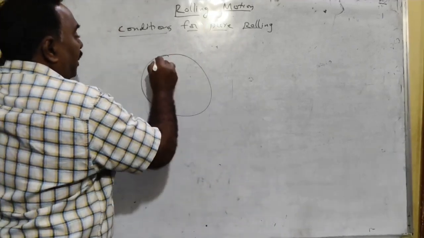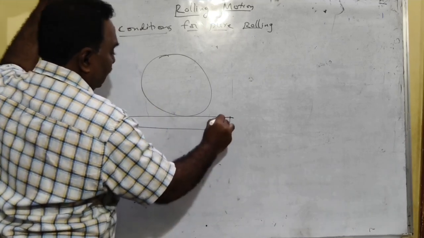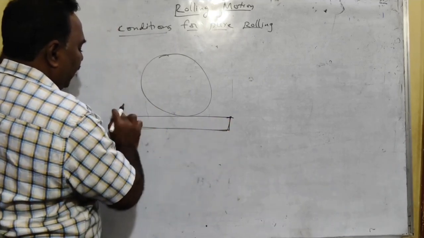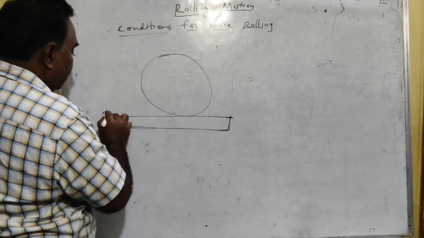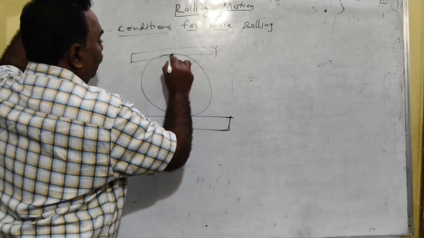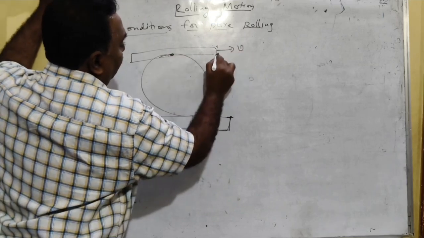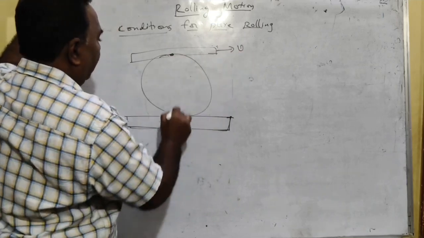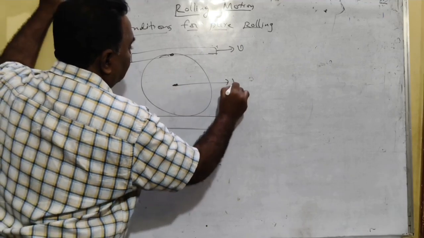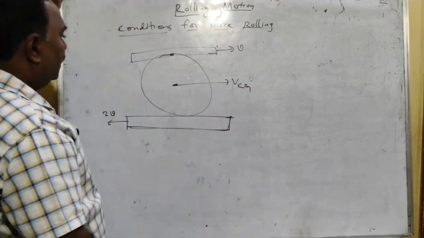Let's suppose a body is rolling on a horizontal surface, or let's suppose this is a bottom plank which is moving with velocity 2v, and there is a top plank on top of the rolling body whose velocity is v. They are asking what is the velocity of the center of mass of this rolling body.